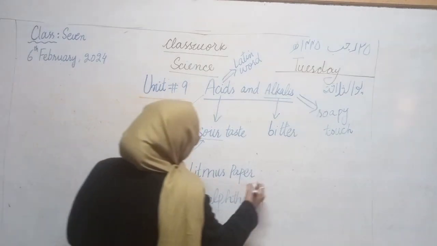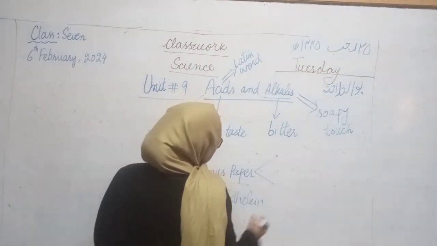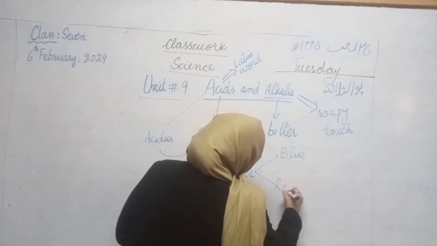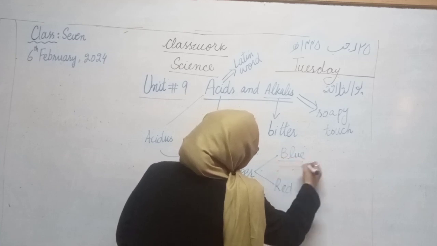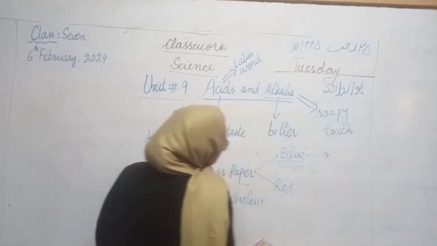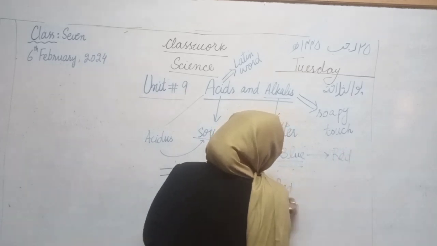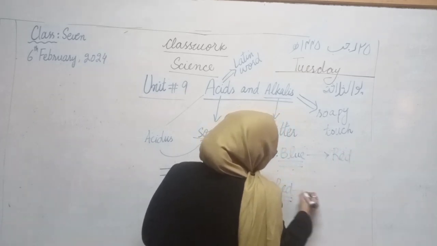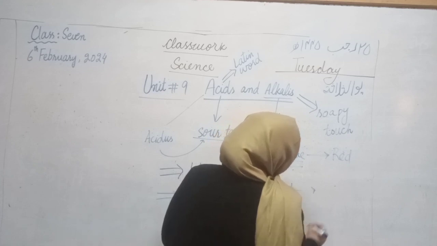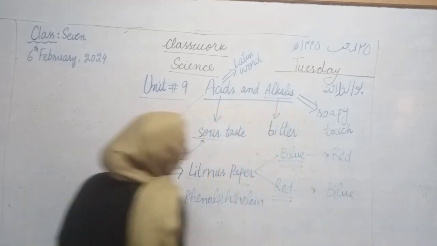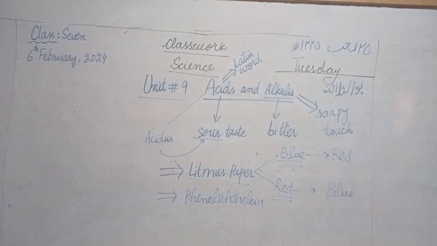This paper has two colors, blue and red. We use blue to identify the acidic solutions, which will turn red, and we use red to check the alkaline solutions, which will become blue.